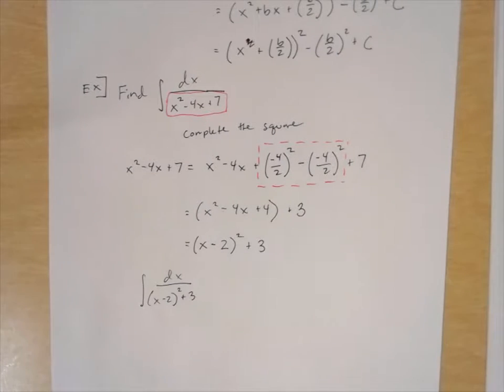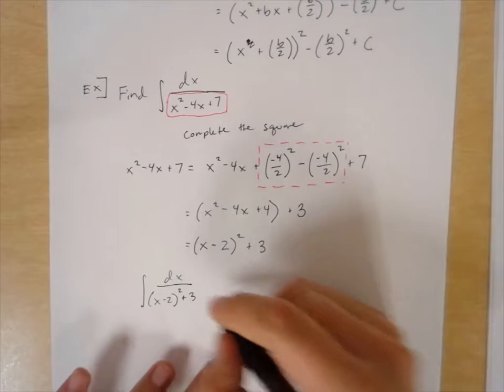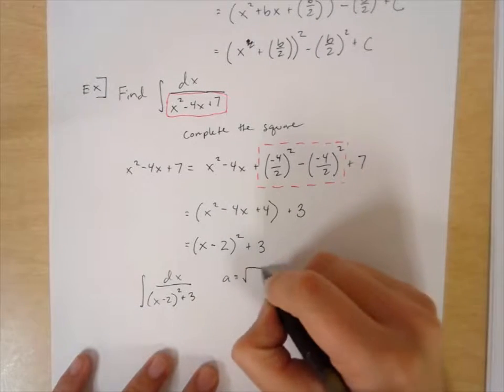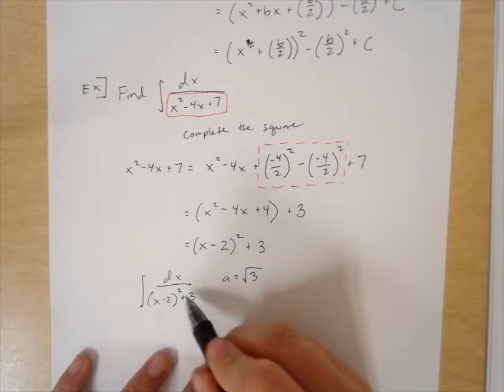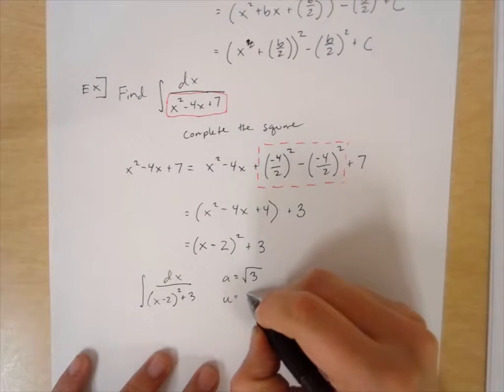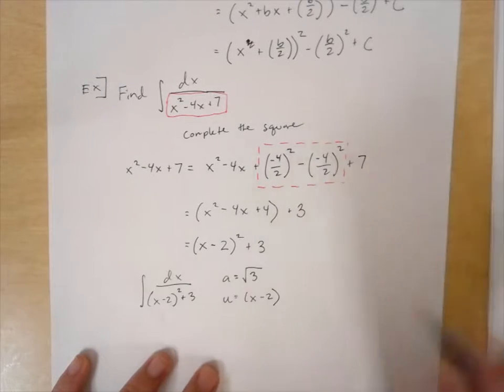And what I can see now is that this is really close to the arctangent identity, but, or I guess I shouldn't say identity, integral is what I'm trying to say, where what we can say is that A is radical 3, right, because I'd have to take the square root of this thing, and that U would just be the whole binomial x minus 2.